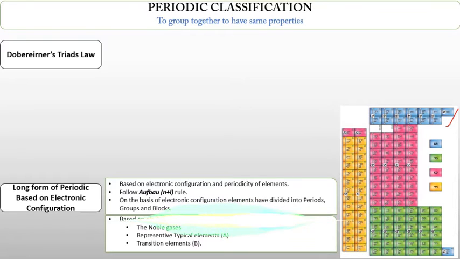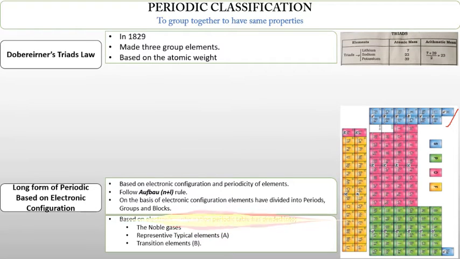The first one was Doebereiner's triads law. Doebereiner presented his law in 1829. He made groups of three elements based on atomic weight.